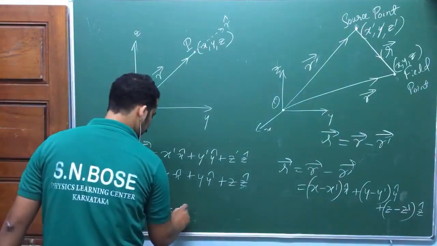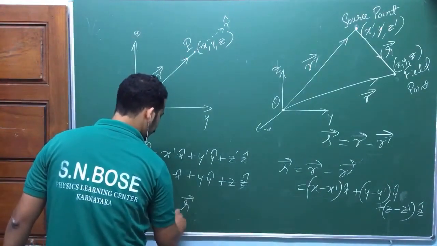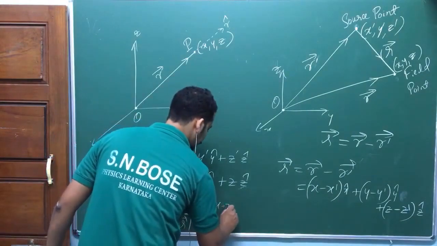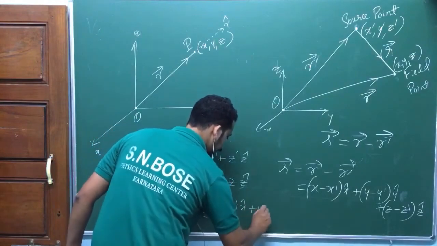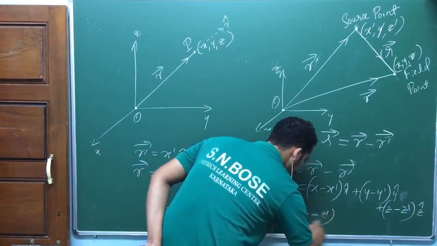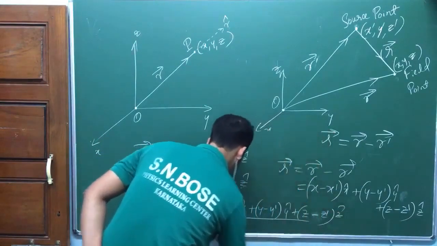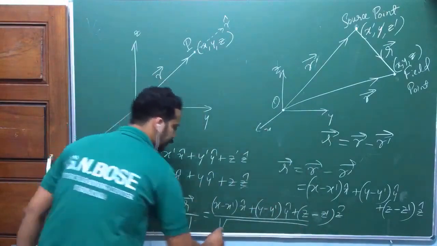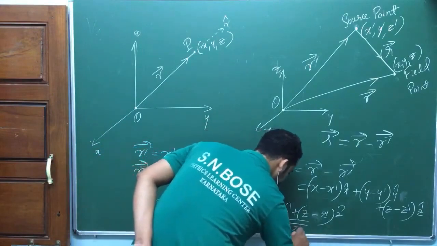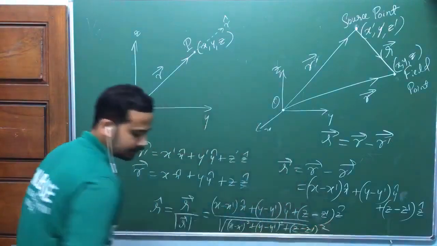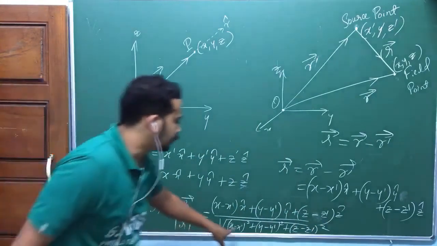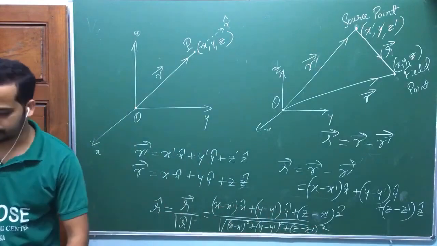How do you write R cap? R vector divided by the magnitude of R vector: X minus X prime into X cap plus Y minus Y prime into Y cap plus Z minus Z prime into Z cap, whole divided by root of X minus X prime whole square and so on. Where this is the magnitude.